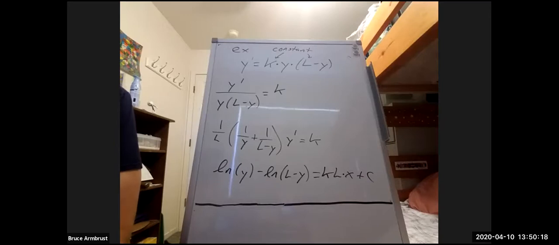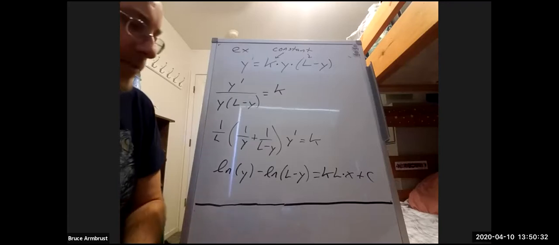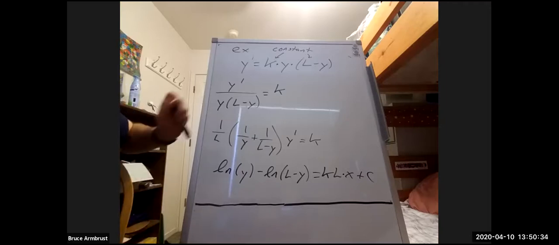Okay, so cool. There's a good old implicit form, but I want to go ahead and solve for this explicitly. Let's get a y equals, because I want you to see what that looks like, because we're going to go ahead and graph it and stuff like that.